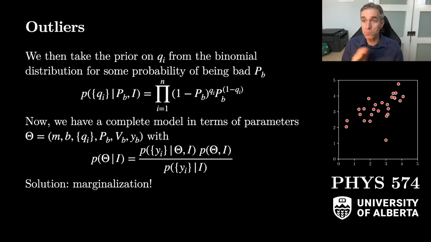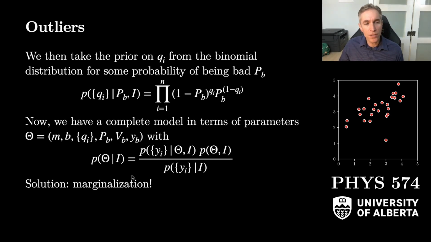So now we're done. We have a complete model in terms of all these parameters, which is a huge space. We've got the slope, the intercept, an indicator variable for every one of the data, the probability of something being bad, the variance of the bad data, and the y offset of the data set.